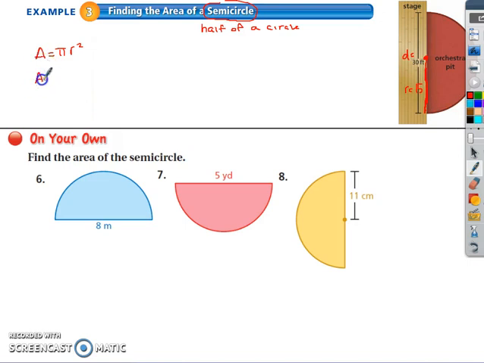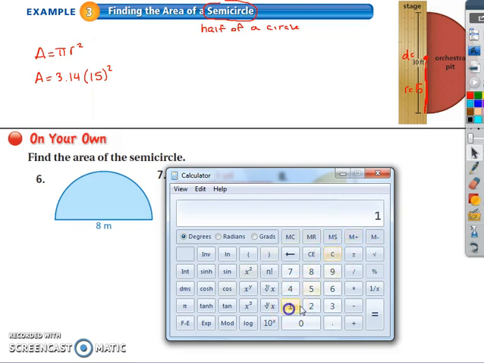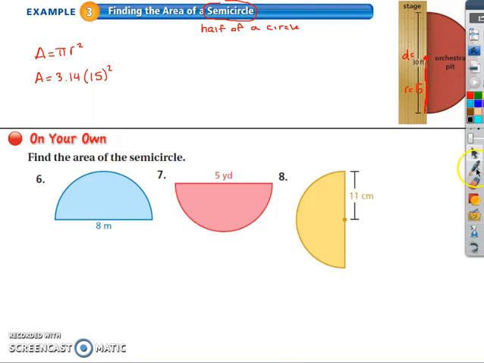So area is equal to 3.14 times 15 squared. So I take my calculator and I'll go ahead and multiply 15 by 15 to get 225. So area is equal to 3.14 times 225.